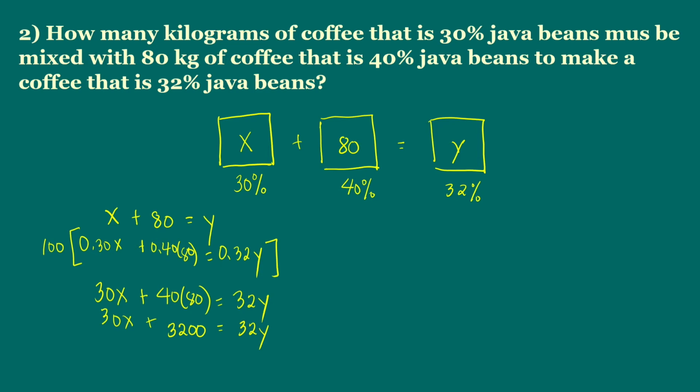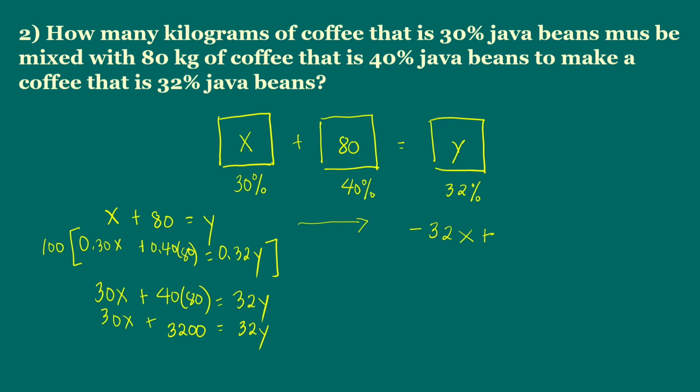If we multiply this by negative 32, that will give us negative 32x plus 80 times 32, negative 2,560.